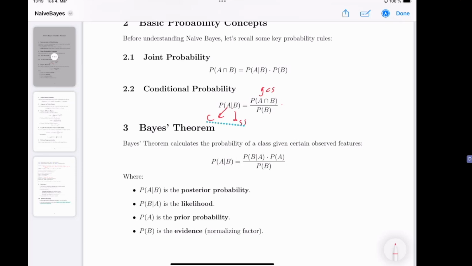So given the fact that a person is a girl, also should be considered. So this is the probability of being a computer science student and a girl, divided by the probability of being a girl.